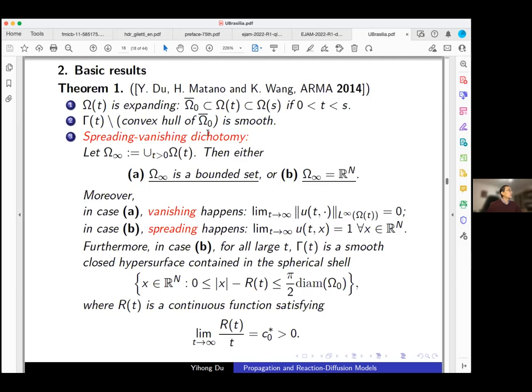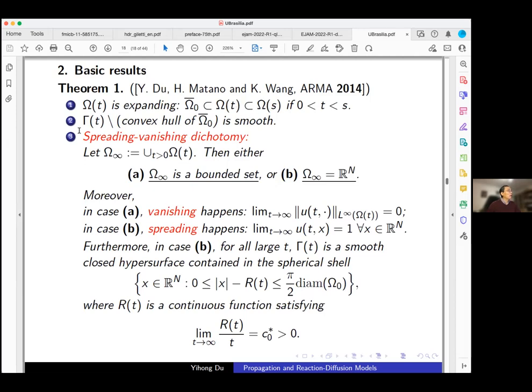And what's the long-term dynamic behavior of the solution? In joint work with Professor Hiroshi Matano from Tokyo, Japan, and Professor Kelly Wang from Wuhan University, we proved the following result. This model 6 has the following property. The population range always expands with time.